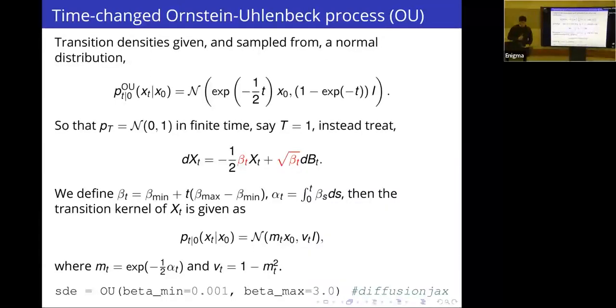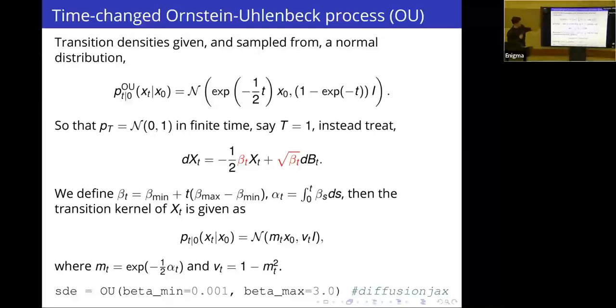And so in order to converge to the standard normal distribution in finite time, because we need to be able to use finite time in practice, they tend to rescale the time axis from converging towards the standard normal at infinite time to a finite time.